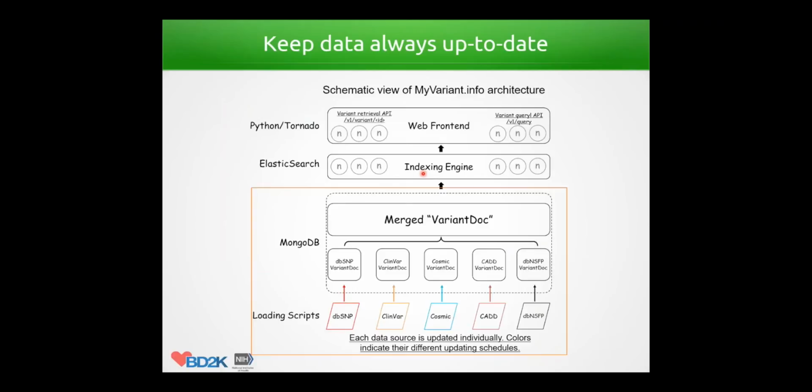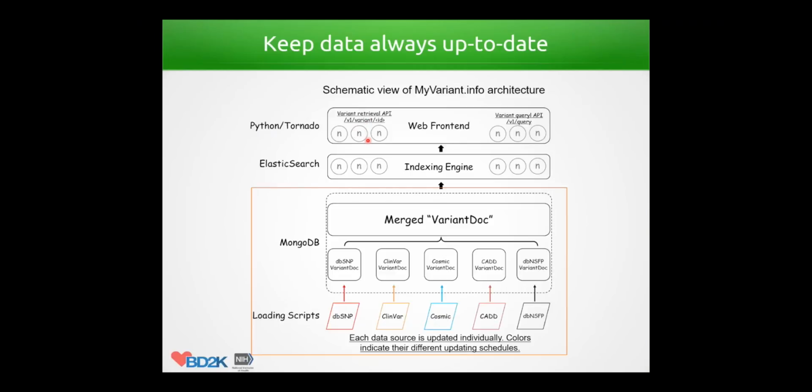Then we send this to Elasticsearch as the index engine. On top of Elasticsearch, we have built, using Python, a Tornado-based web front end to provide a high-performance, non-blocking web API.